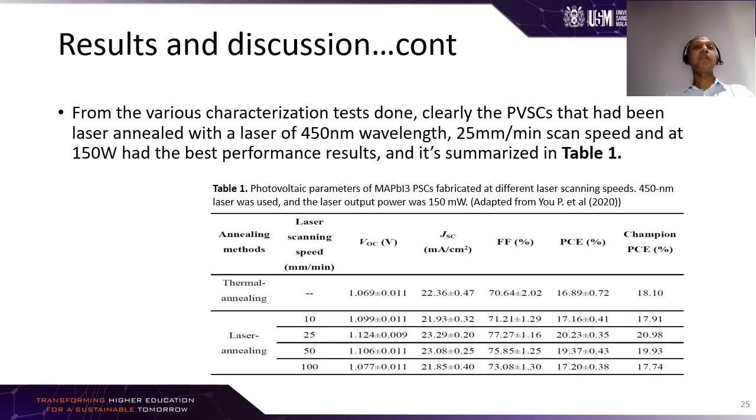So from the various analysis done, summarized here, you could see that definitely the champion among all is when the laser was at 450 nanometer wavelength, the laser output was 150 milliwatts, and the laser scanning speed was at 25 millimeter per minute.